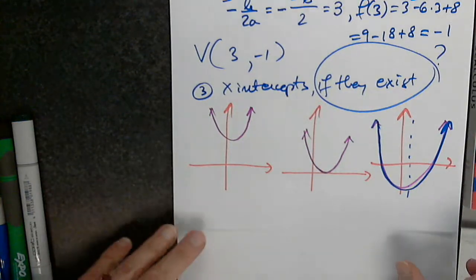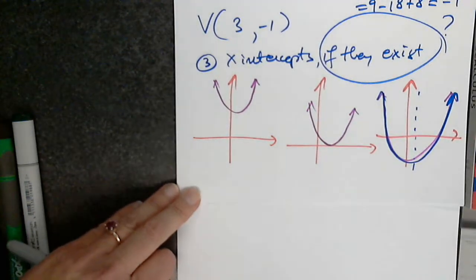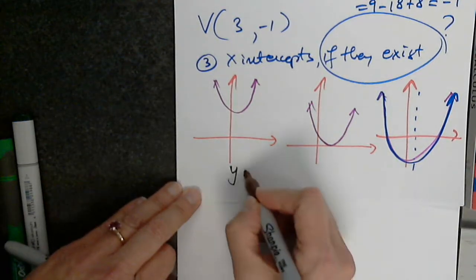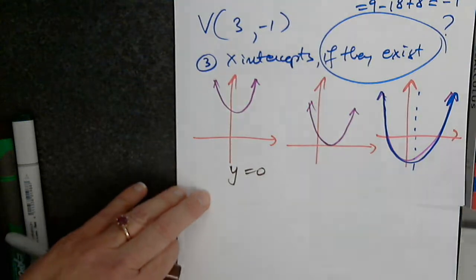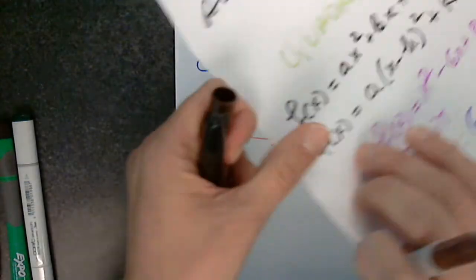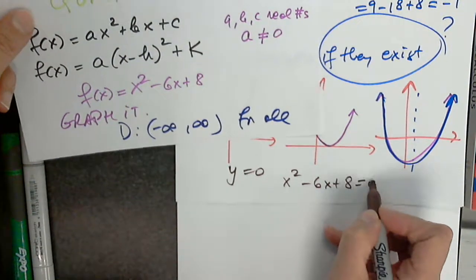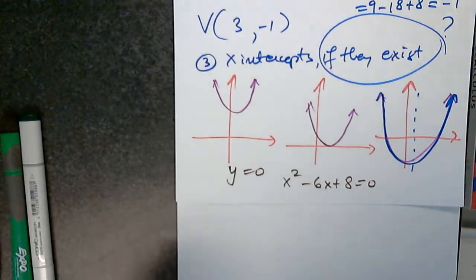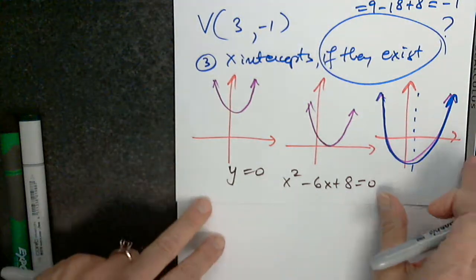Okay, how do I find the x-intercepts for any function? Right, thank you very much. Y equals 0 indeed. So the function is, I turn my page, what was it? It's x squared minus 6x plus 8 equals 0. Perfect. So now what? How do I solve for x?